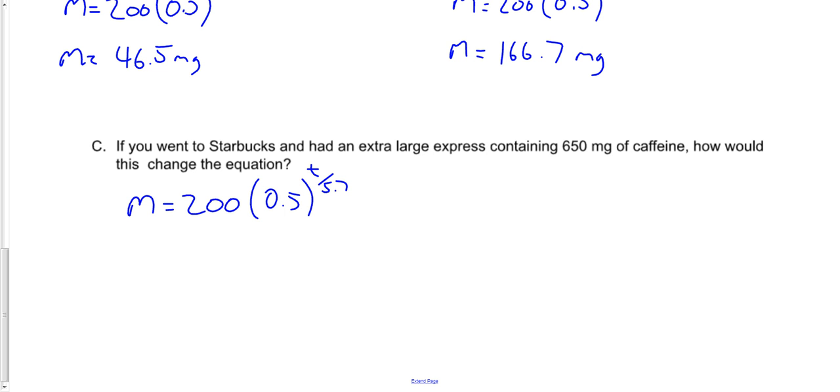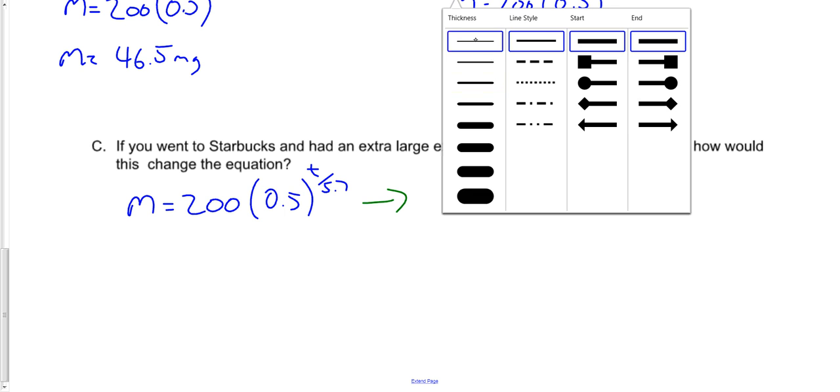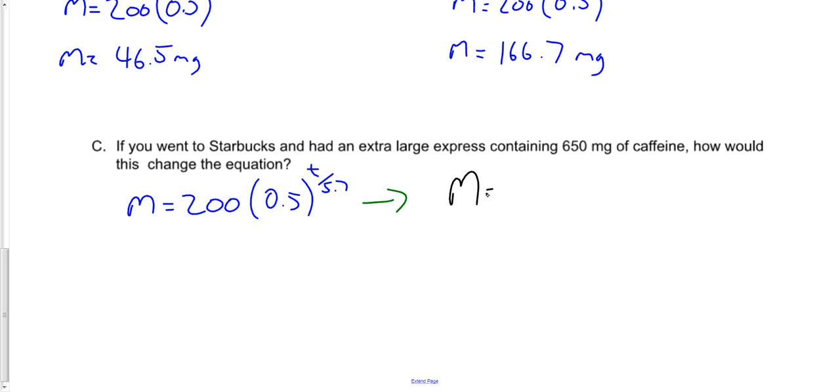But if you got the extra large espresso, it would change your equation because you would be changing the initial amount of caffeine. So in this case, M is equal not to 200, but to 650, because your starting amount of caffeine is 650 milligrams. Again, it doesn't change the half-life of caffeine. It just changes the initial amount.